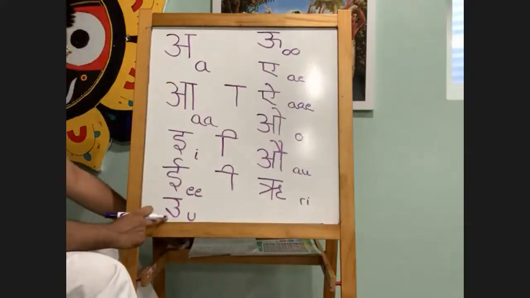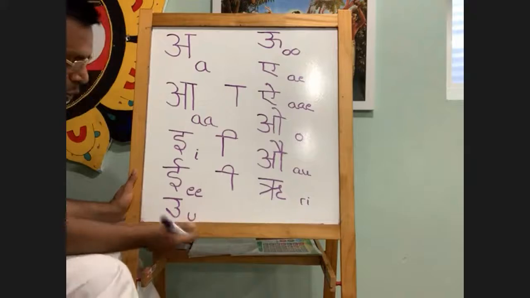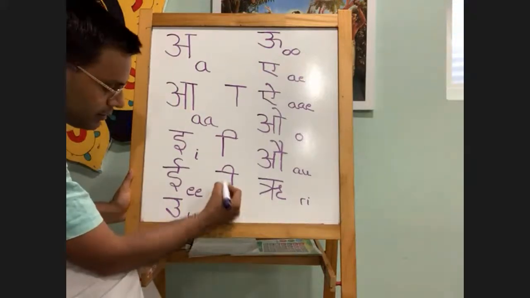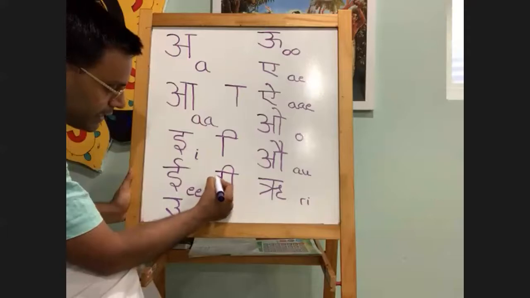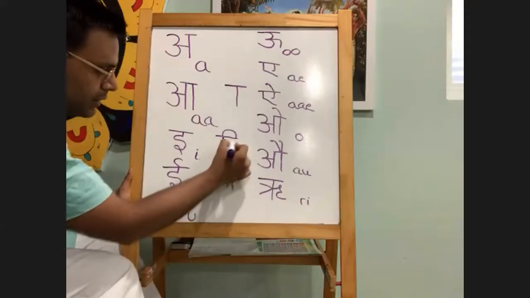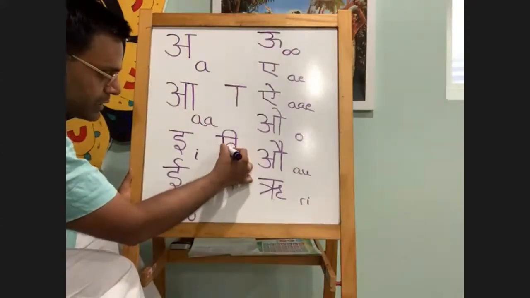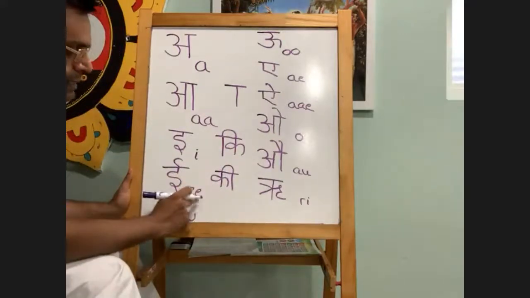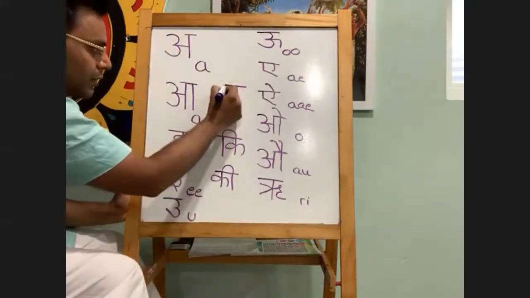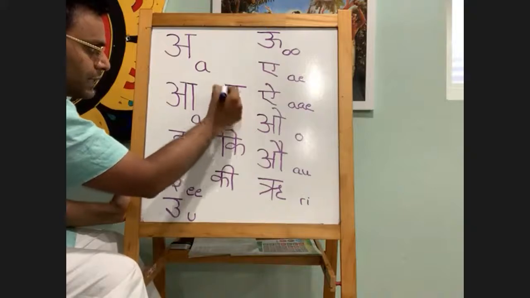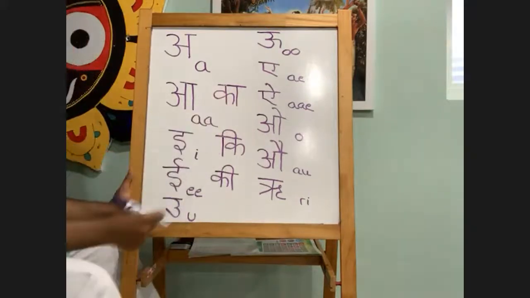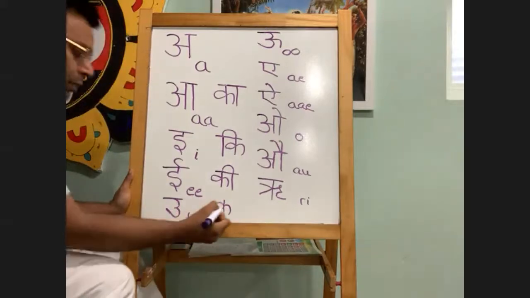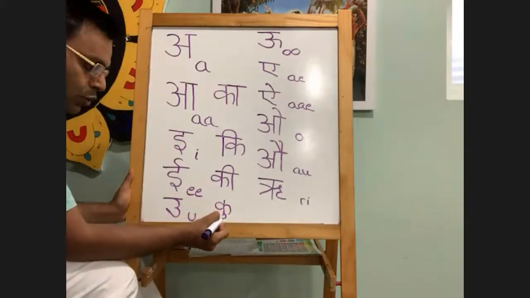Okay, U. The U matra goes in the foot of the letter. So you write a letter. I am going to write these letters here plus the matra, so you can see the difference in how it is written. So Ka plus U matra. That goes in the foot.